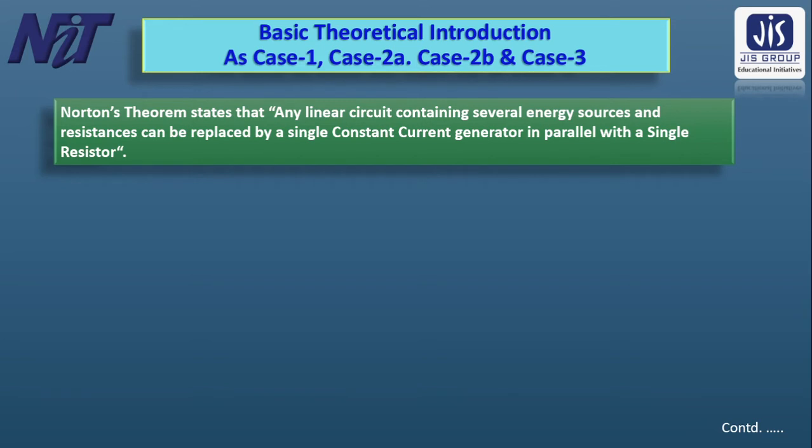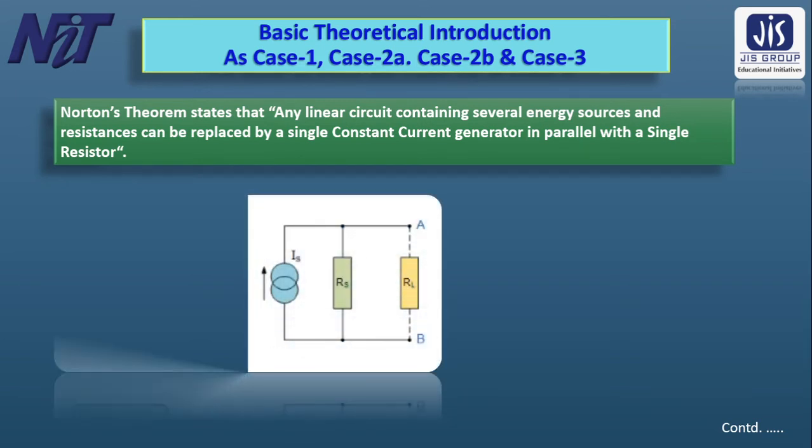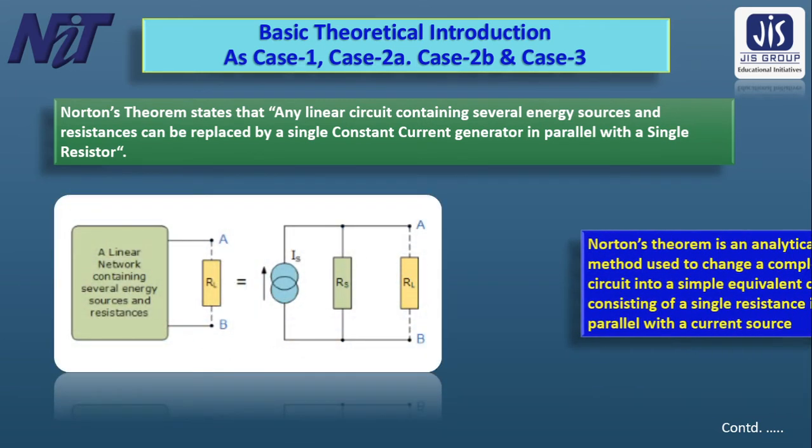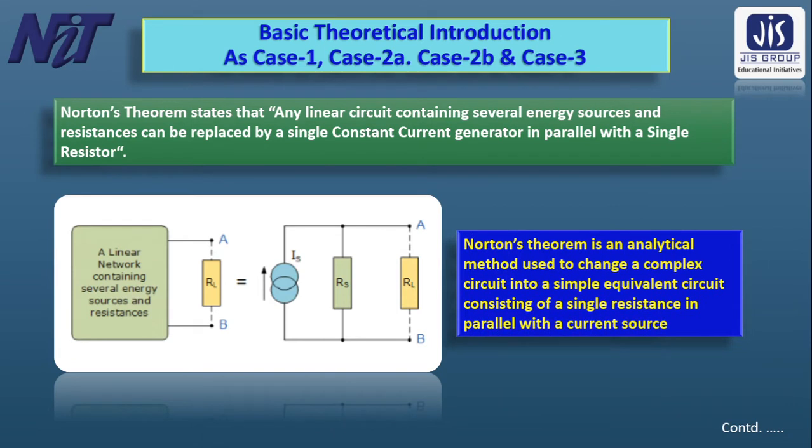By applying this Norton theorem, we can simplify any complex network of linear circuits. So this is our complex linear circuit containing several energy sources, maybe voltage source, current source, dependent or independent, and connected with a load.